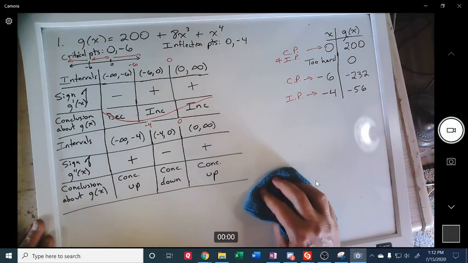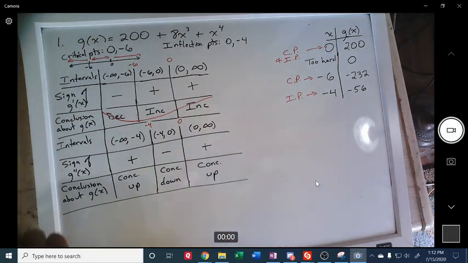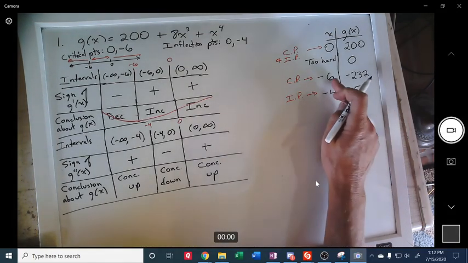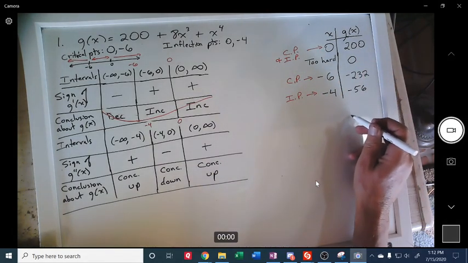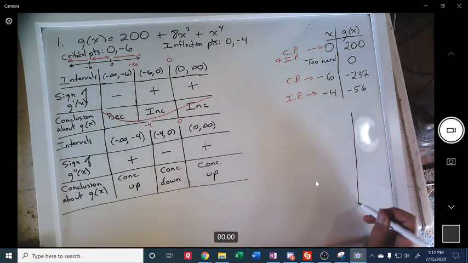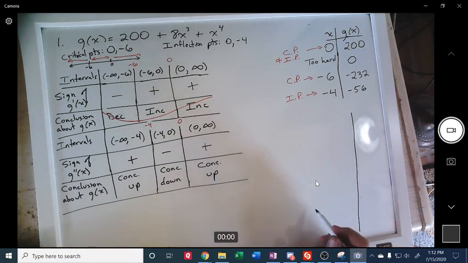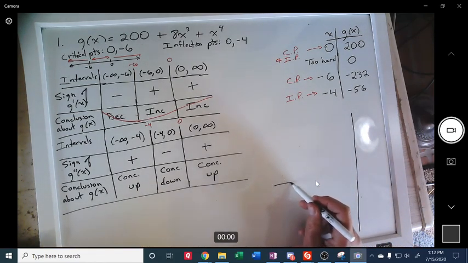So I'm going to have to squeeze it in over here. And I'm mostly interested in to the left of the y-axis, not to the right of the y-axis. So I'm going to go like this.